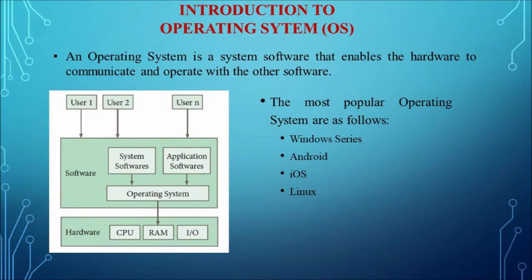We all know that operating system is a system software which enables the hardware to communicate and operate with the other software. It acts as an interface between the hardware and the software. It also acts as an interface between the user and the hardware and controls the overall execution of the computer. You can see the diagram. There are three users who are trying to connect with the CPU with the help of the software.